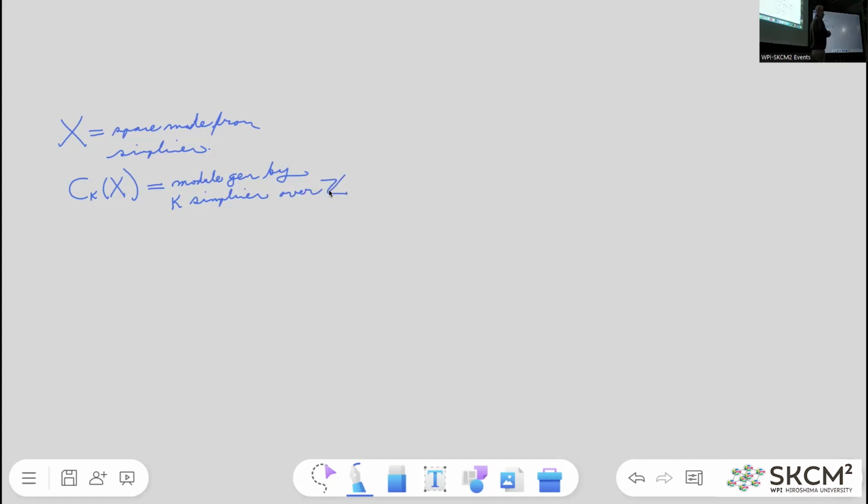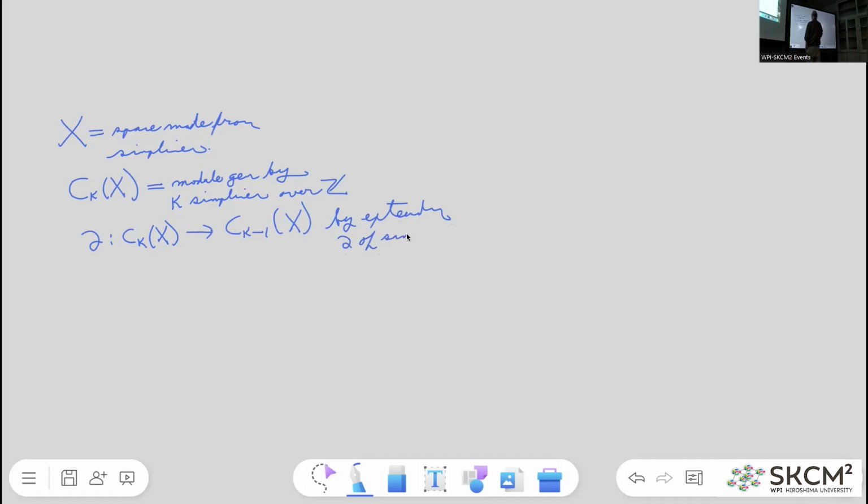Just like I was writing down before, 0, 1 plus 0, 2. I could write down 0, 1 plus 3 times 0, 2, things like that. And then I define boundary, taking C_k of X to C_(k-1) of X, by extending boundary of a simplex, which we already know how to do.